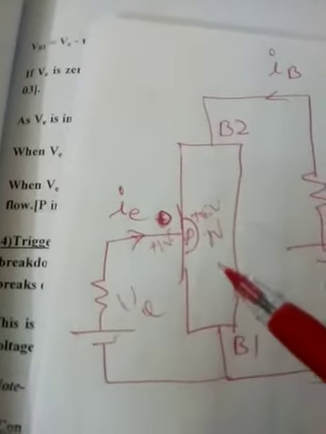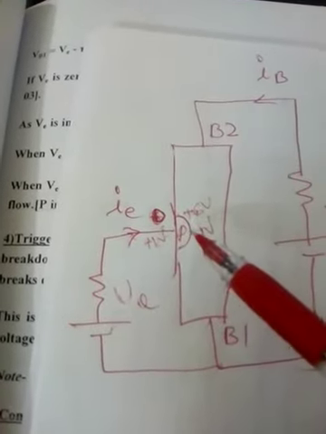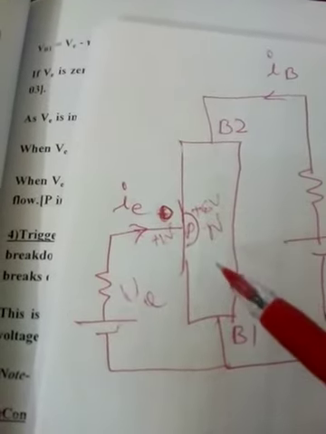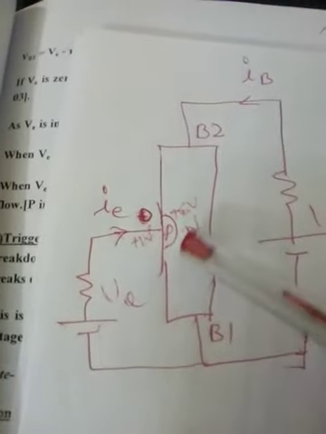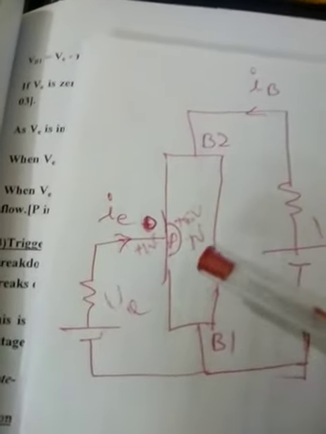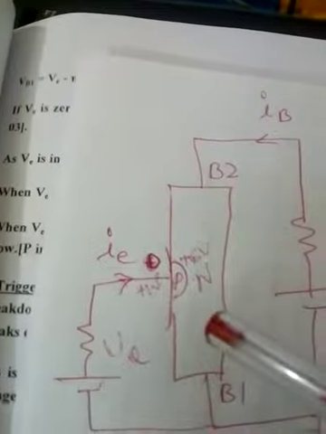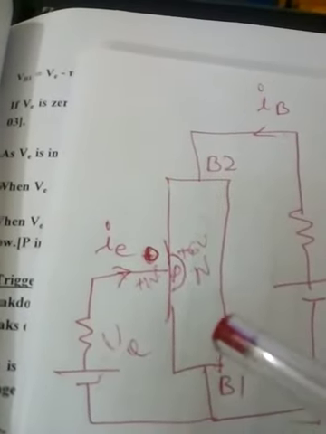Once the current starts flowing in this region, since the charge carriers flow into the N region, the N region will now become very low resistance. Its resistance will start to decrease, because its resistance was very high. Now when charge carriers enter into the N region, the resistance becomes lesser.